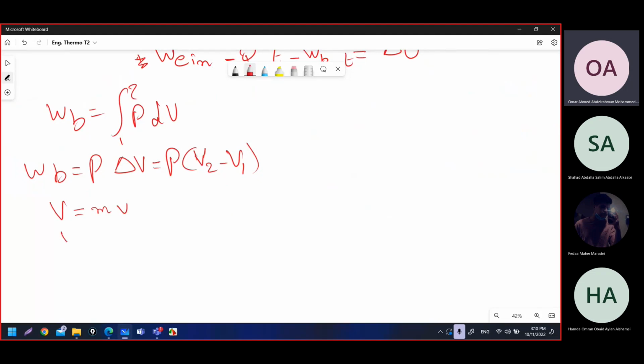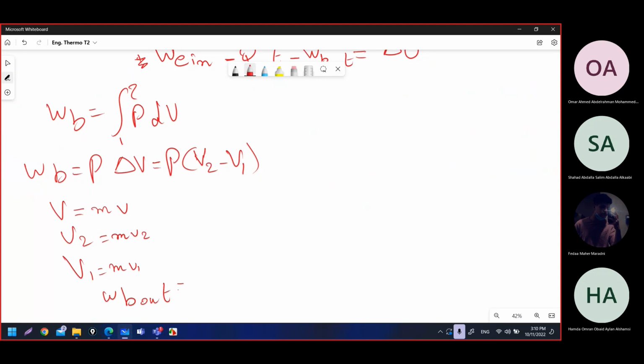So I will replace V2 by m v2 and V1 by m v1. The boundary work out, in kilojoule, is equal to m P (small v2 minus small v1). That is the boundary work.